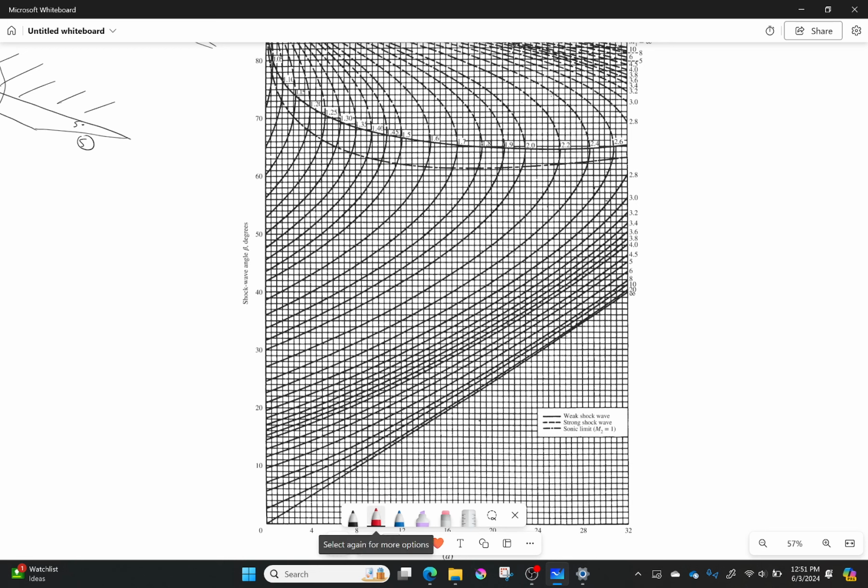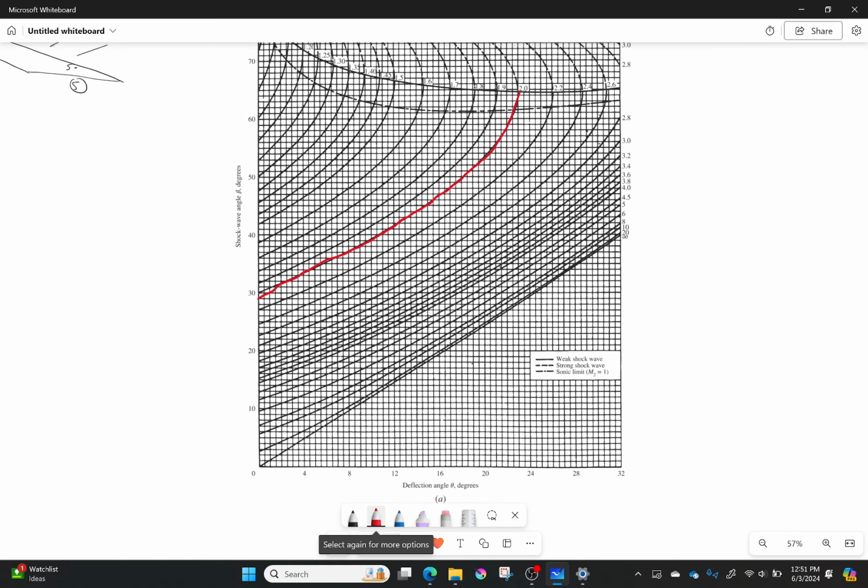So first thing we're going to do is, like I always do, I'm going to trace the Mach number line. So it's right here, this is 2.0. That's the one I have to care about, okay? And now I need to find that 15 degrees. So remember, each of these ones at the bottom is half a degree, so I need to go over 2 lines right here to get to 15 degrees.